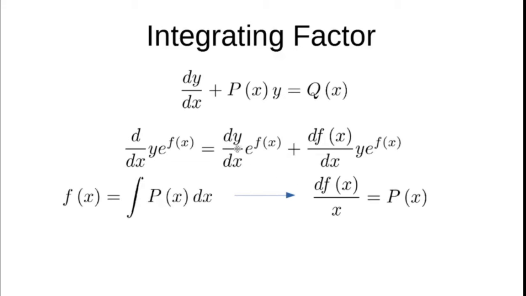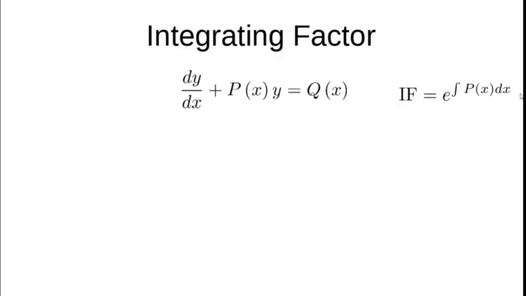So what you end up with is this whole side of the equation multiplied by e to the f(x). So we call this the integrating factor. If you use f(x) equals the integral of p(x) dx, and you multiply by it, you can use this to solve these equations.